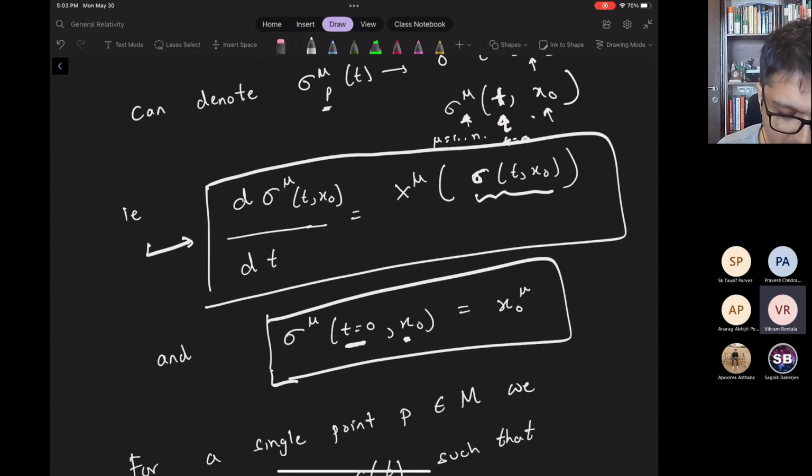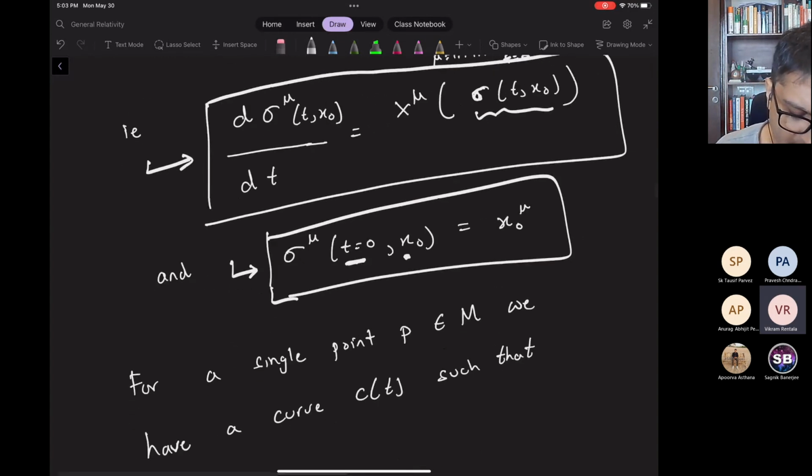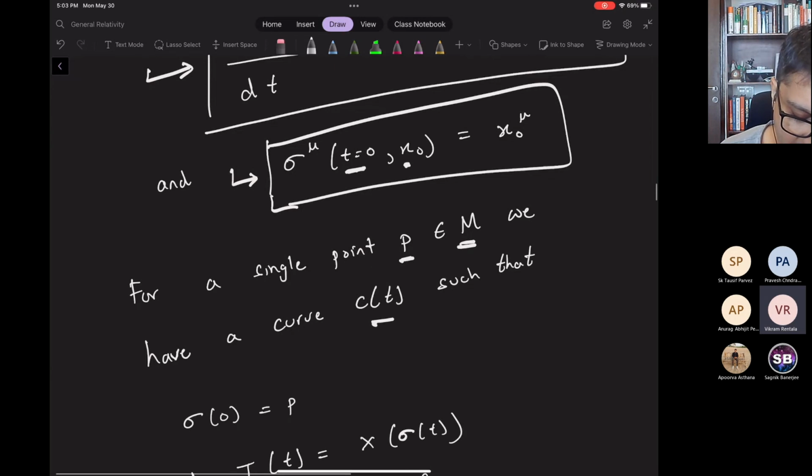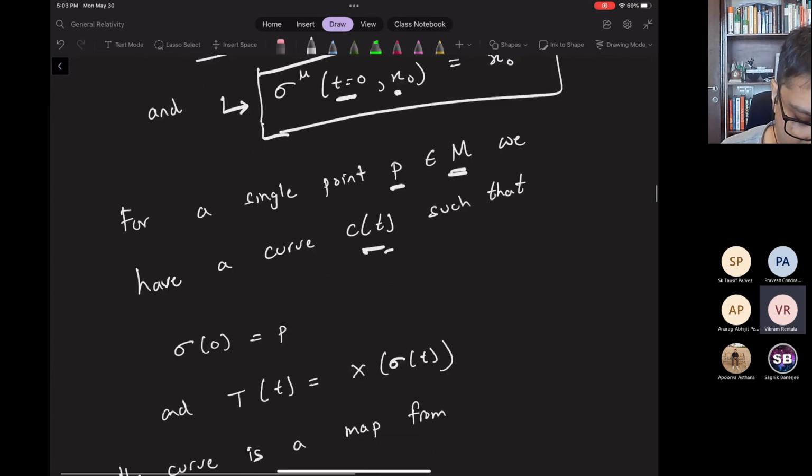So these are the n coupled ODEs, and this is the initial condition. For a single point P in this manifold, we have a curve C(t) such that sigma(0) is that point P, and the tangent vectors are X evaluated at the point sigma(t).